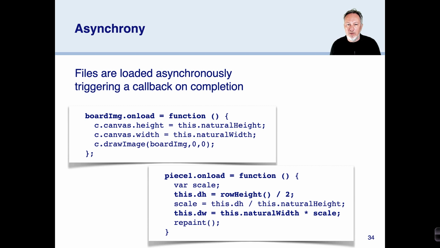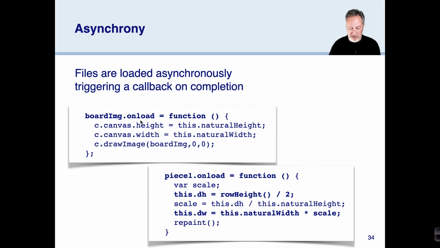Now, in a web application, there's a certain amount of asynchrony because there are things happening on the client side, but also on the server side. In particular, the various files containing images that we're using are going to be loaded asynchronously. So in order to make sure that everything works correctly, we need the use of callbacks to know when a particular action has completed.